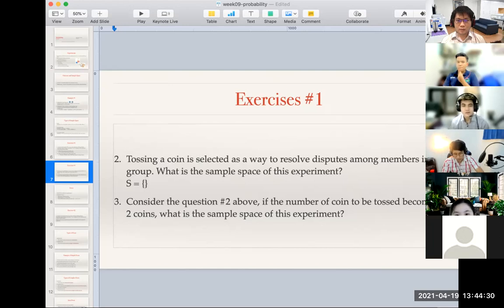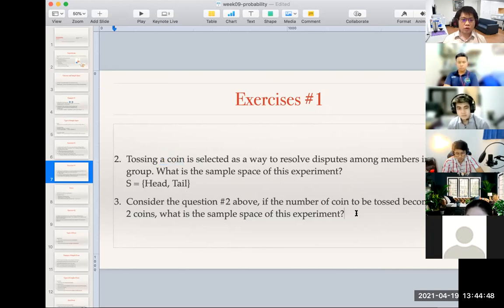Is it head, comma, tail, sir? Right. Thank you, Gabriel. Yes, the answer here is correct. Only head and tail. Why? Because from the question, you can know that you only use one coin here.